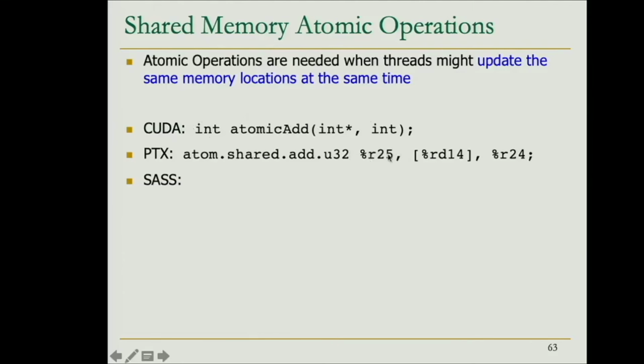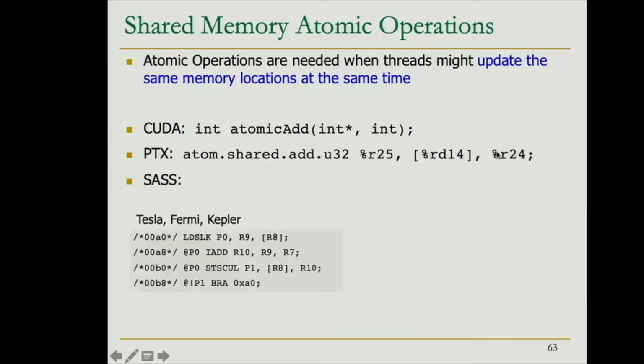So this is the output register, register 25. This is the address in RD14, the address in shared memory that we are updating, and this is the value that we are adding. So how does this translate to the SASS code, to the assembly code? That is the thing that is actually executed on the GPU hardware.